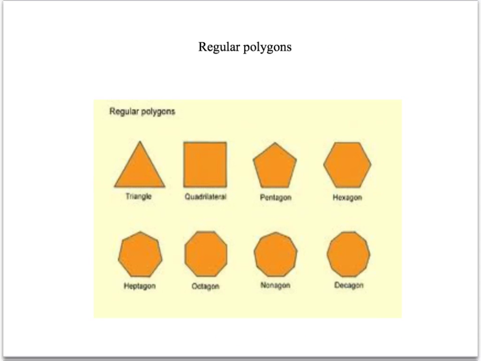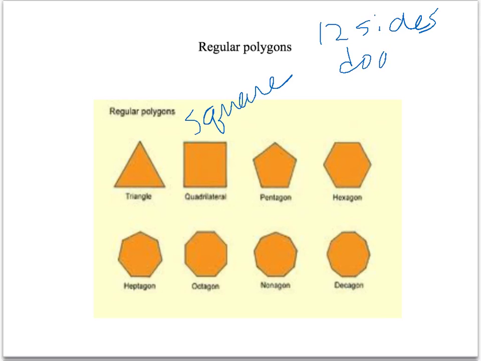Now here we have some better drawn regular polygons. We have a triangle, that's a three-sided one. A quadrilateral, also known as a square. A pentagon, a hexagon, a heptagon, an octagon, a nonagon, a decagon. Then we have an 11-gon, and a 12-sided one is a dodecagon.